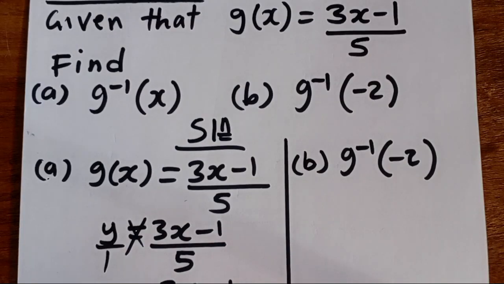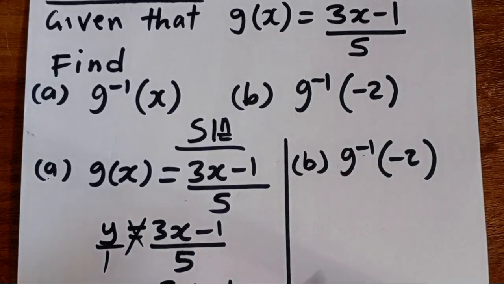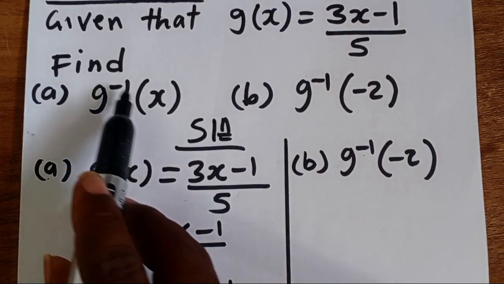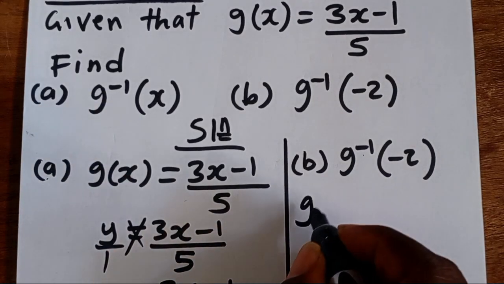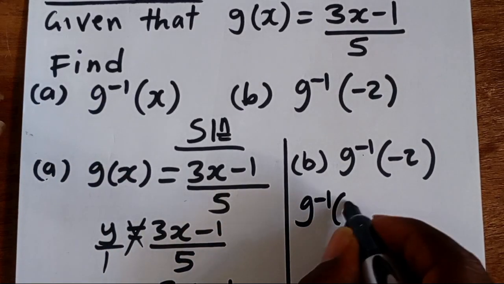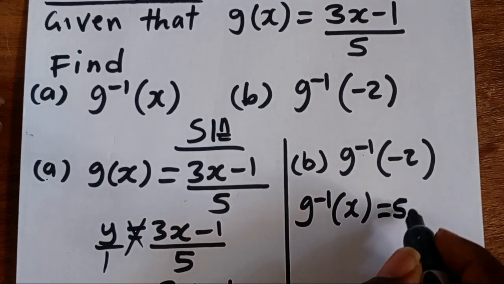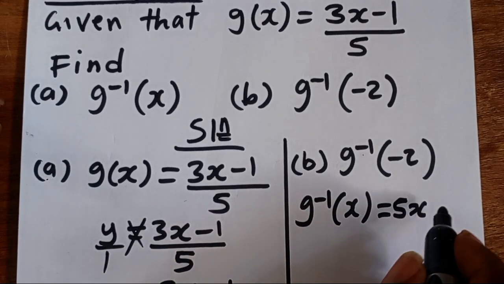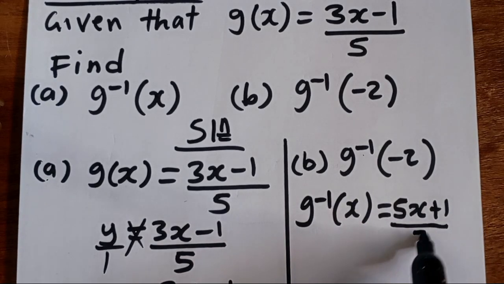So part B, find g inverse of negative 2. To find the g inverse of negative 2, you need to use g inverse of x. So the g inverse of x is 5x plus 1 over 3.